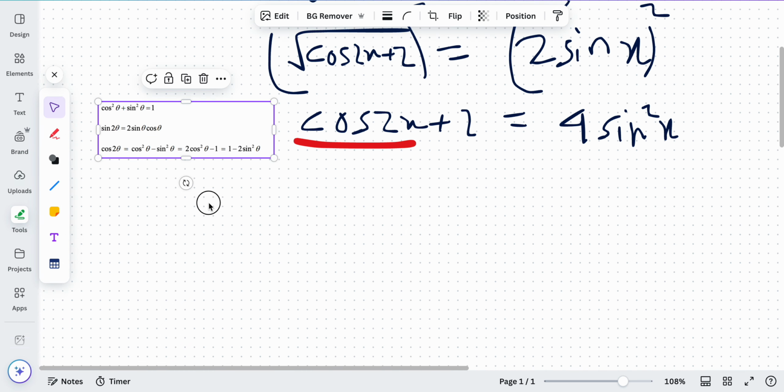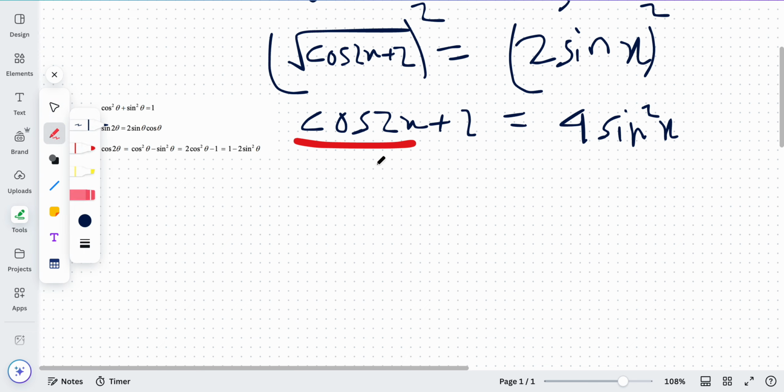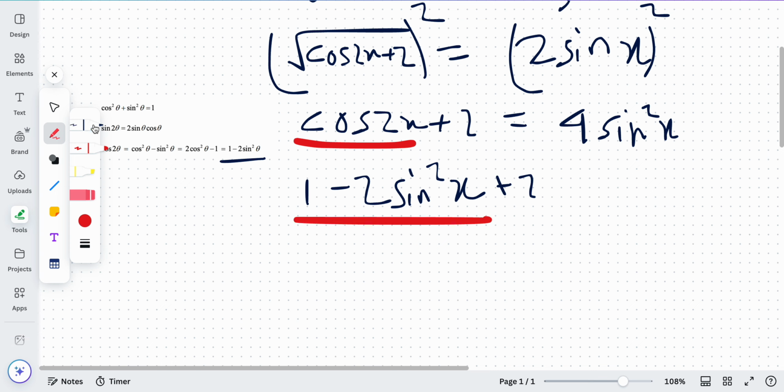Then we know cos 2x has its own identity. I just had to bring in these formulas from the IB booklet, since there are different versions of cos 2x. We want everything in terms of sine, so we use this one: 1 minus 2 sine squared x, plus 2, equals 4 sine squared x.